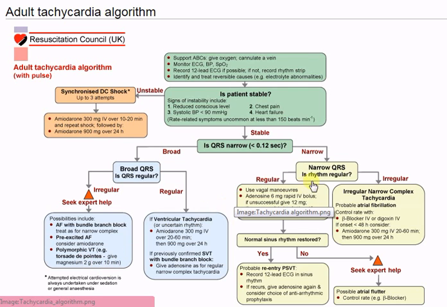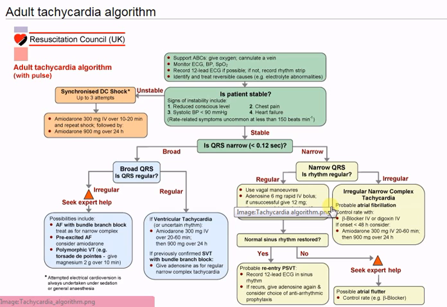And what happens with a narrow QRS? It's similar. You need to check either it is regular or irregular. If regular, you should try various maneuvers.